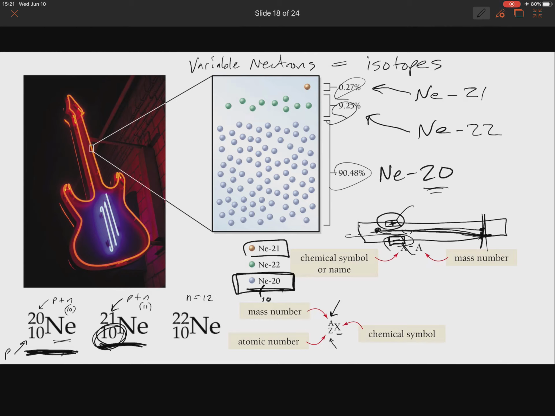So if we were just to take an average of 20, 21, and 22, the average would be 21. But if you go and look at the periodic table, the mass of neon is actually much closer to 20 than to 21. That makes sense because there's a lot more of those atoms that are near the weight 20 than there are near the weight 21, or 22 for that matter.